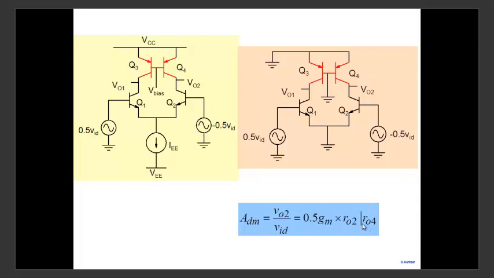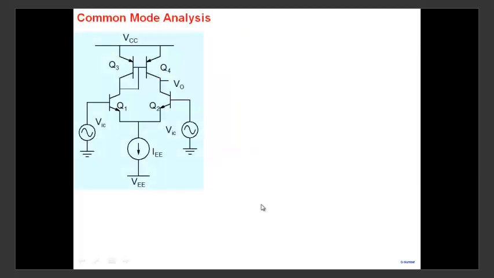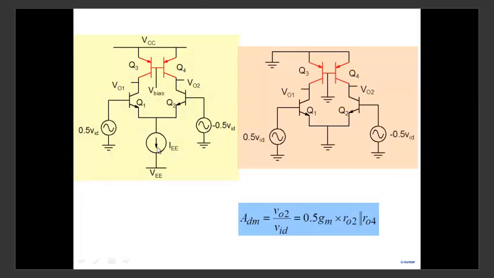There was no current mirroring action here, okay? Because once you put it to ground, the left half and the right half are the same, and then it's 0.5 gm R02 R04. Okay, it's just like the earlier case here. All right, as compared to that, with the current mirror, we get an extra factor of 2 here. So we get gm R02 parallel R06.